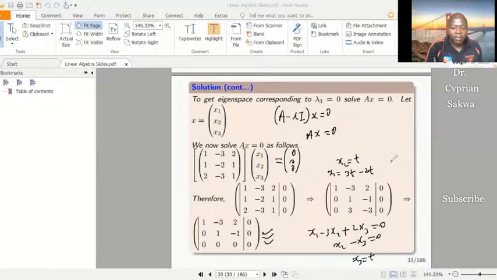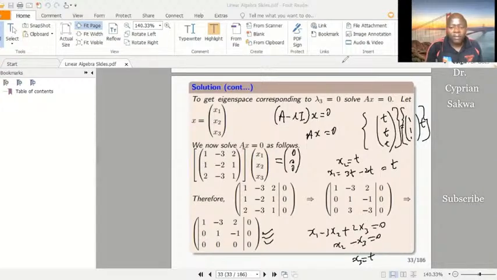So that it becomes t. So we have t, t, t, or we have (1, 1, 1) times t. And so when I'm talking of the eigenspace, it will be this.